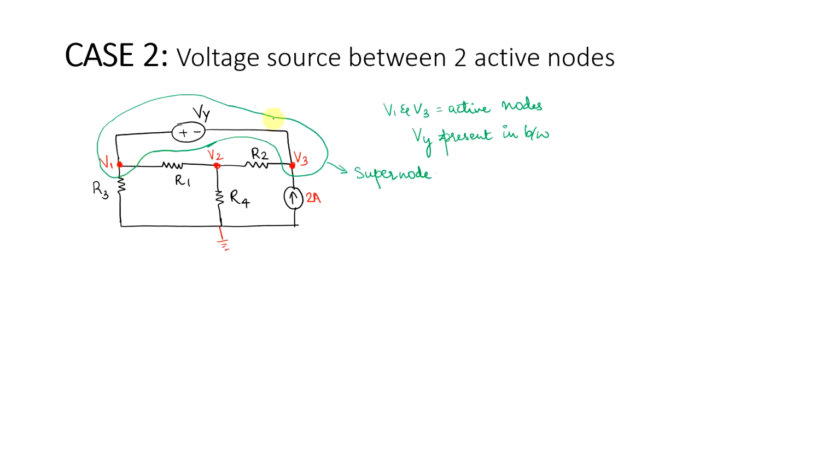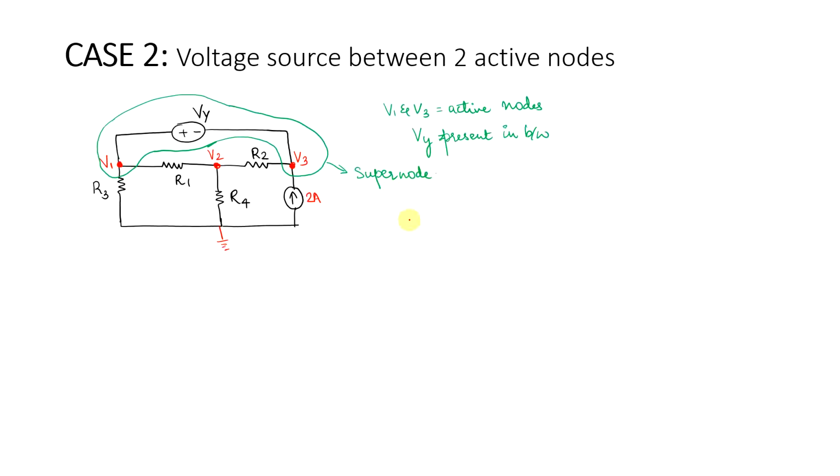You can see the way I have marked the boundary. I have included the 2 active nodes, V1 and V3, and the voltage source present between them, and I have not included any other element. So this becomes your supernode. Like the way we had for super mesh, we wrote the constraint equation, here also we will be writing the constraint equation.